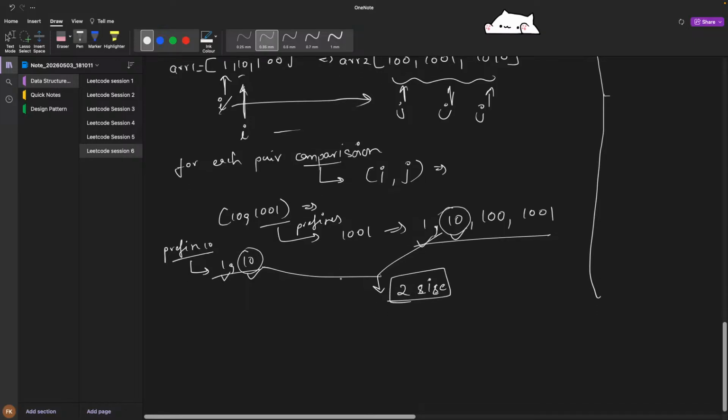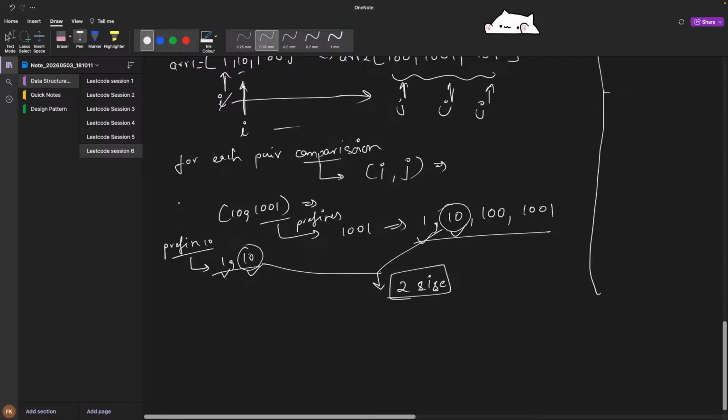So we took an example here and anyhow we're going to find every pair.